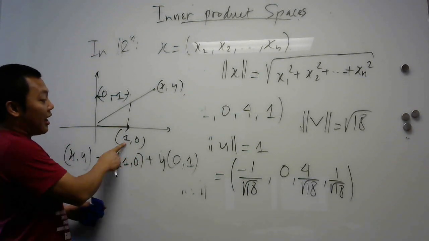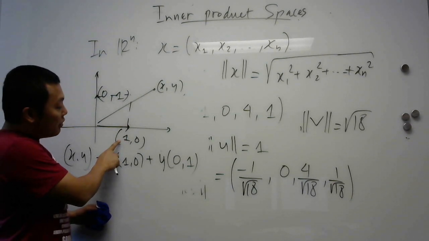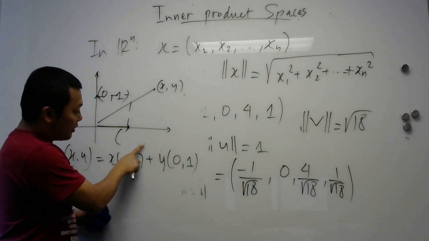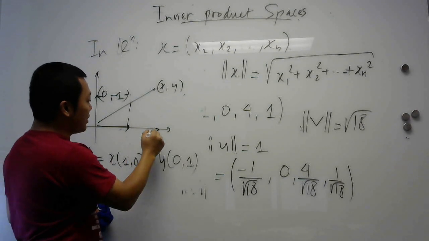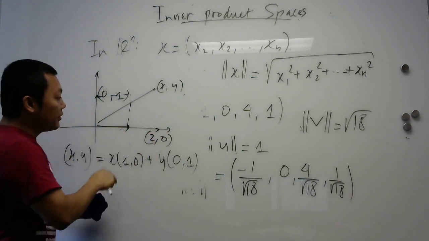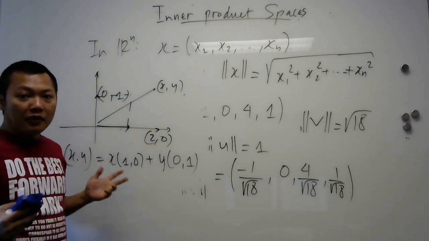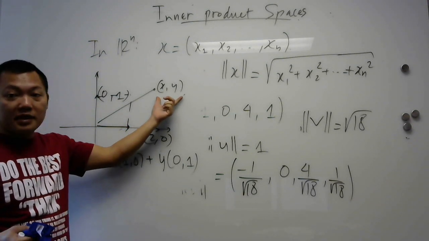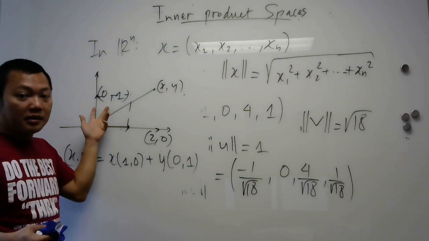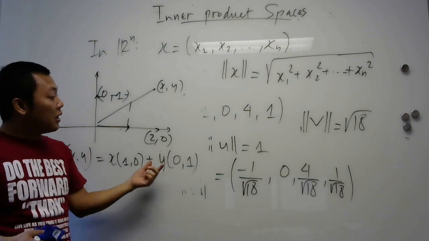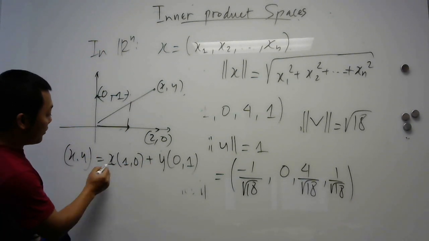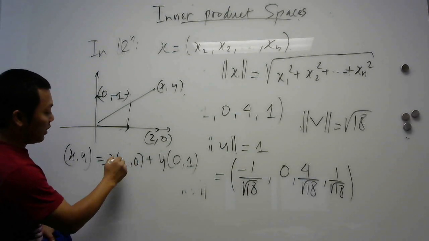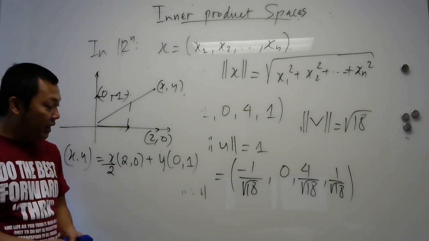Let's say I don't want to use 1, 0, I use 2, 0. So this vector and this vector still form a basis in R2. But when you want to find the coordinates of this vector with respect to this basis, you will not have this form anymore. You will have x over 2, and here y.